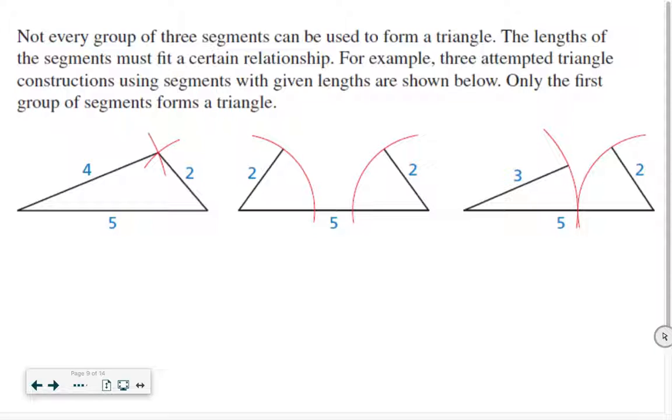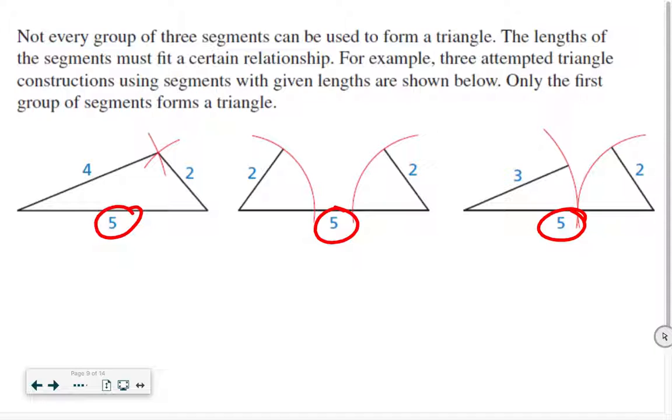Well, here's the rule, and if you're a hands-on person, this might make sense to your brain. Whatever your longest side is, so in all three cases, the longest side is 5, the other two sides, those two lengths added together, have to be bigger than that number in order for them to intersect and touch before they ever hit the bottom side.